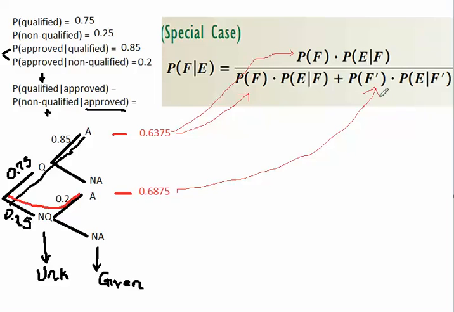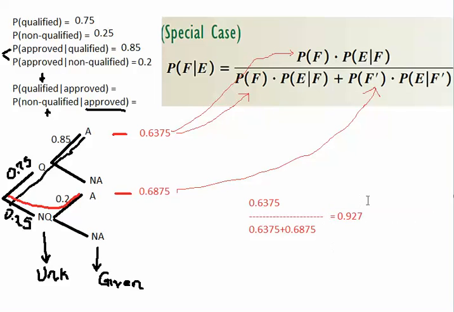Okay, so we apply the Bayes theorem and we have at the top 0.6375, and at the denominator we have 0.6375 plus 0.6875. The result for that is equal to 0.927.